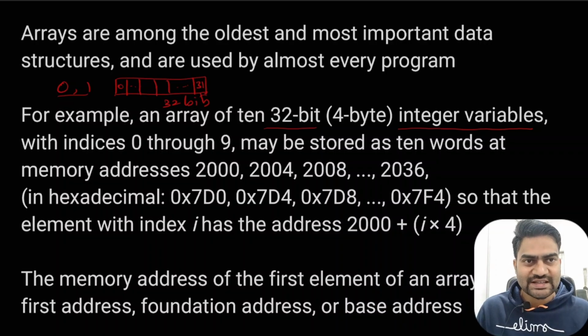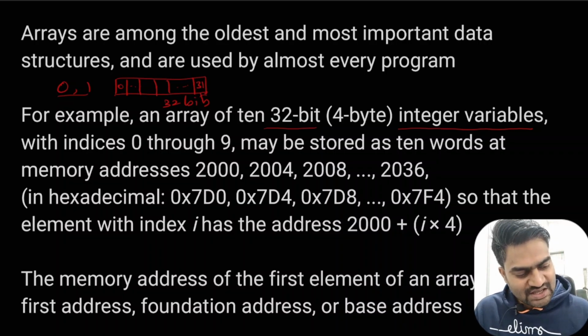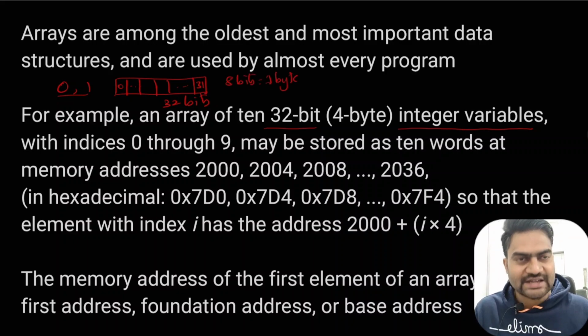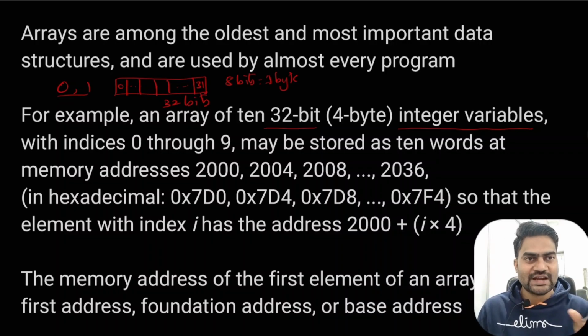So 32 bits, in the sense, is 4 bytes. Each byte is of size 8 bits. We call an 8-bit block 1 byte. So such 4 bytes can hold one 32-bit int value.